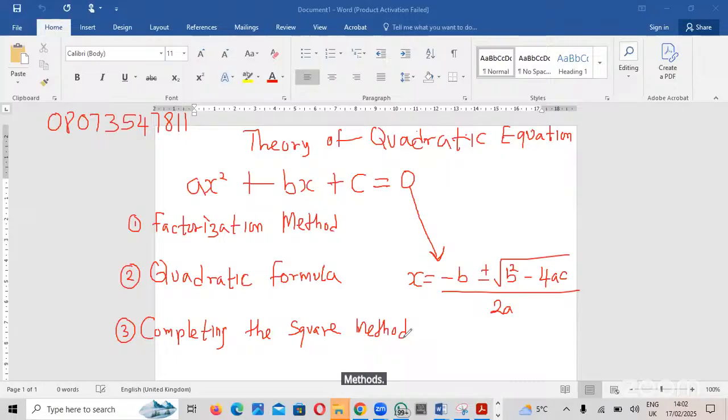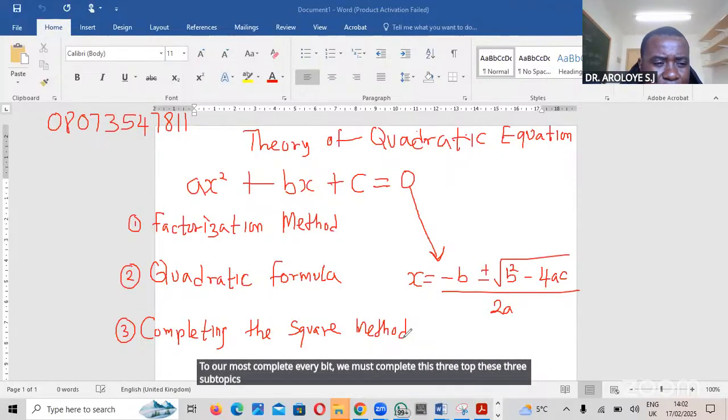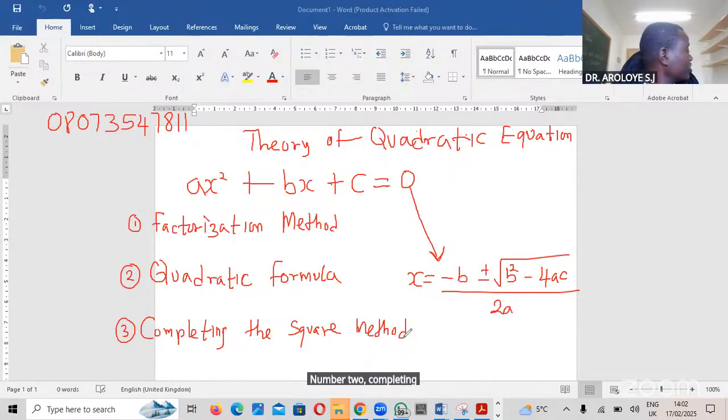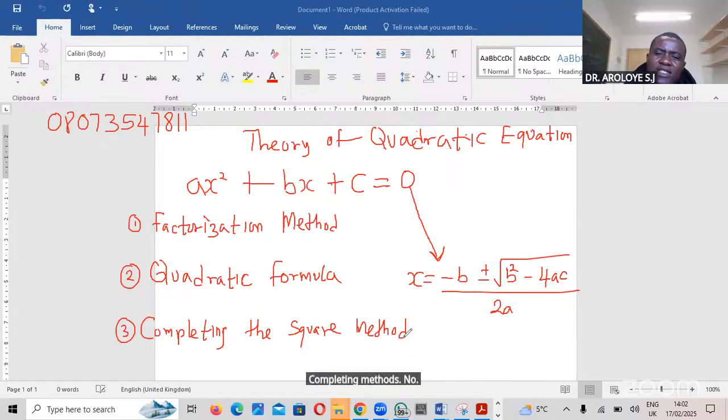So we must complete these three subtopics before 3 p.m. Number 1, factorization method. Number 2, quadratic formula. Number 3, completing the square method. Now, let's start with the factorization method.